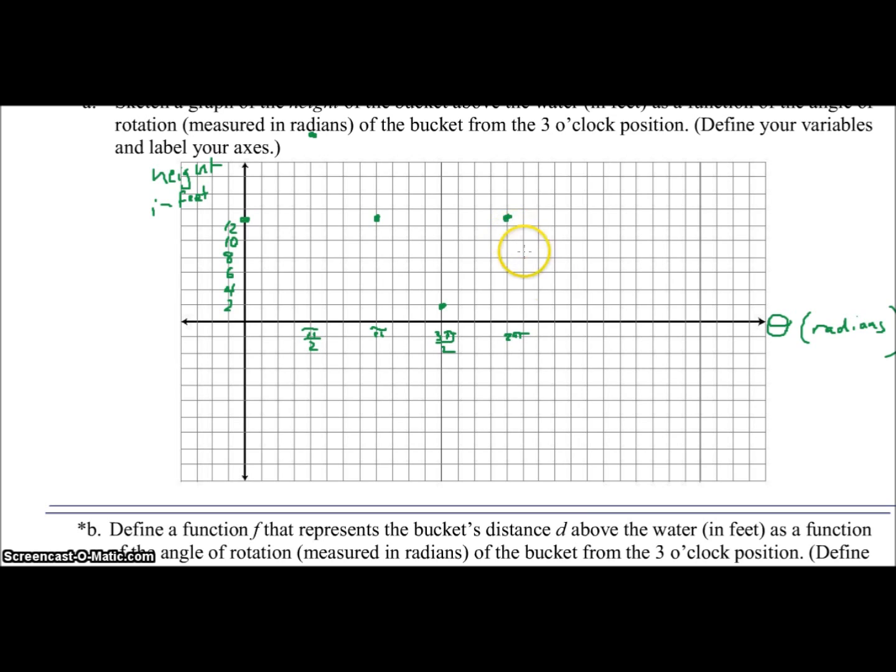And then we just keep going. I think we can trace this. There's one full period right here, and then it'll just keep repeating.